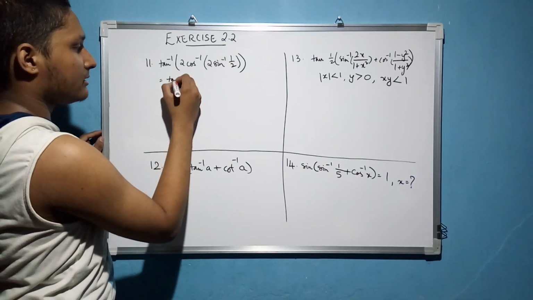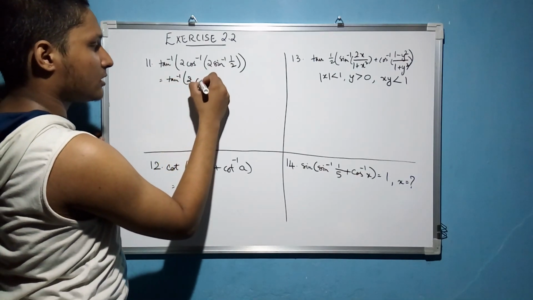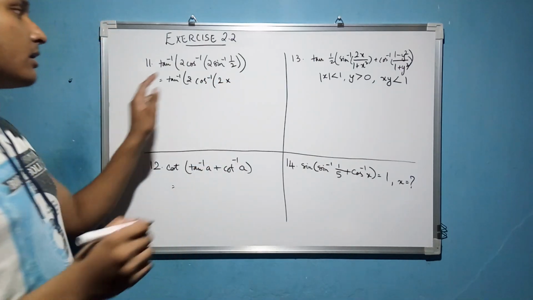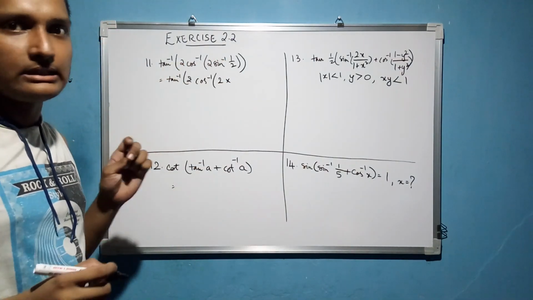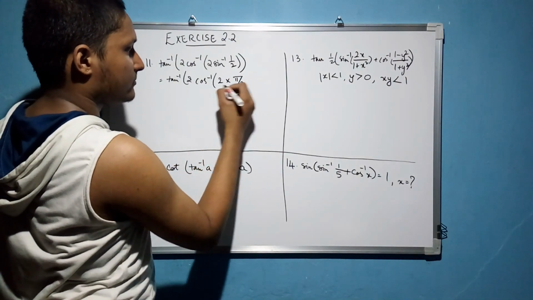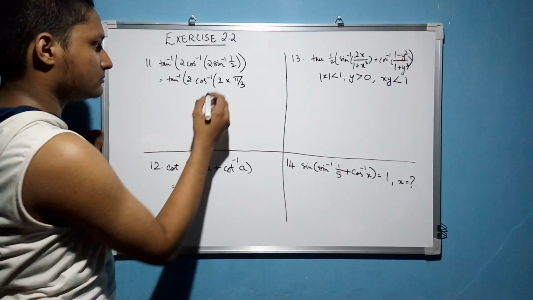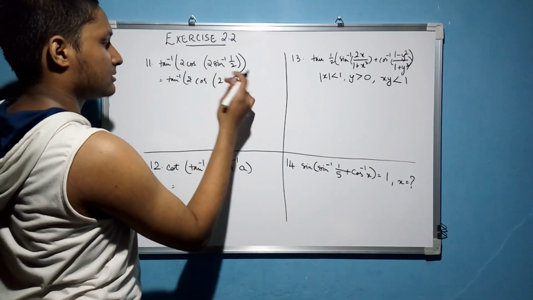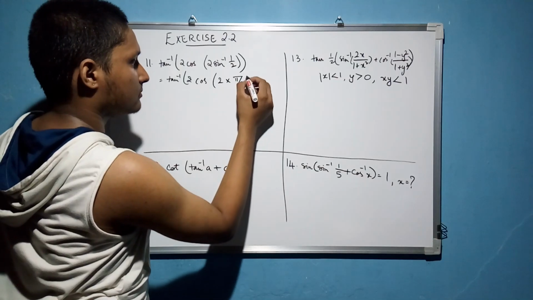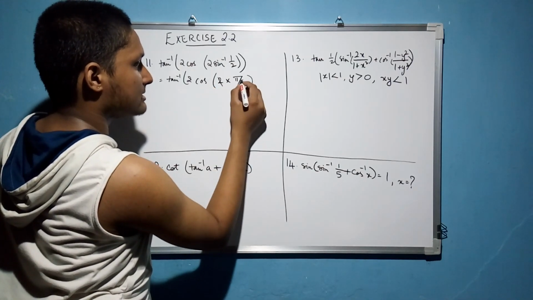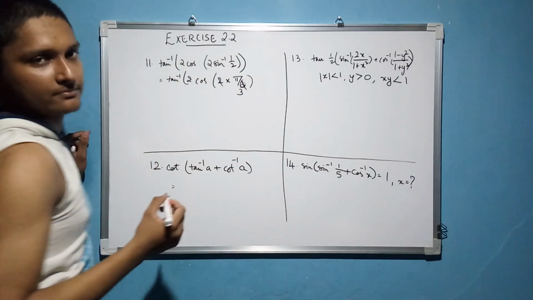So you are asked to find tan inverse of 2 cos of 2 into sin inverse half. Sin inverse half is 30 degrees, pi by 6. This was cos, right? Not cos inverse. 2 into pi by 6, when it gets cancelled, you get pi by 3.